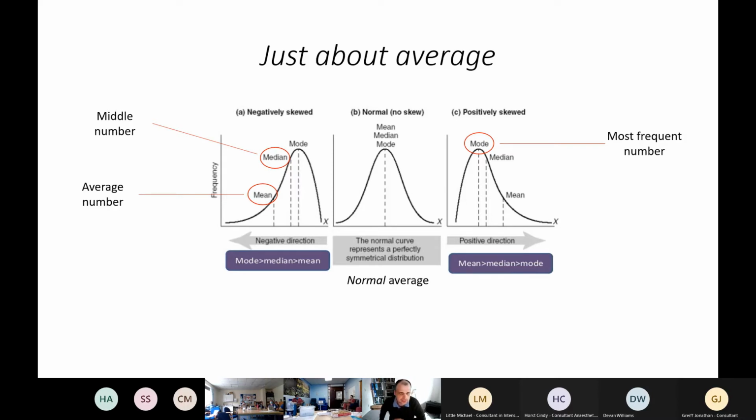The average everyone likes and statisticians like is the normal average or the mean. That's where you have data that's distributed in a normal way, or parametric way, or on a Gaussian curve.